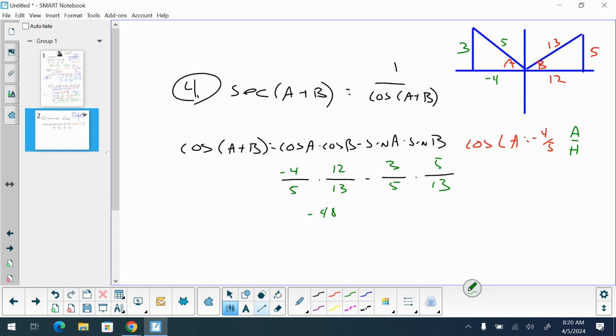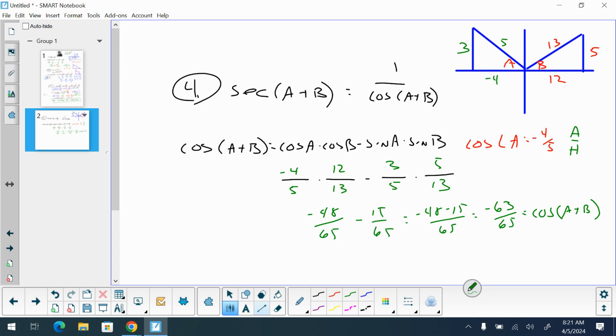Negative 48 over 65 minus 15 over 65. Just multiplying our two tops and our two bottoms. So we have negative 48 minus 15 over 65. So we have negative 63 over 65. Now this is the cosine of A plus B.